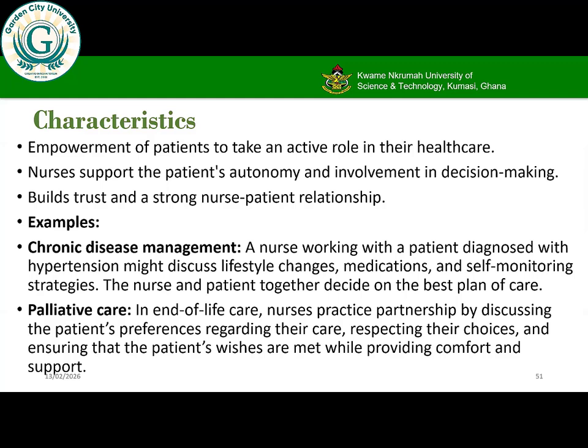So a nurse working with a patient diagnosed with hypertension or diabetes might discuss lifestyle changes, and we involve them. So please don't do this, don't do this, go by this. So medication and self-monitoring strategies. So we are partners. We are involved with each other. There's that kind of trust. And whatever I say, the decision, we share the decision.